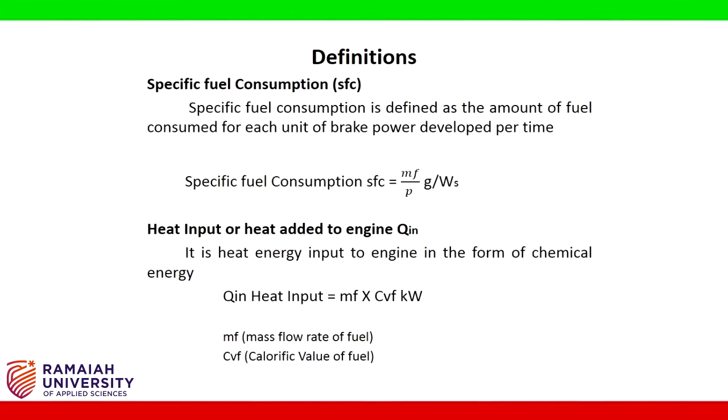Heat input or heat added to engine Qin is the heat energy input to engine in the form of chemical energy. Qin, that is heat input, is equal to mF into CVF kilowatt, where mF is mass flow rate of fuel and CVF is calorific value of fuel.